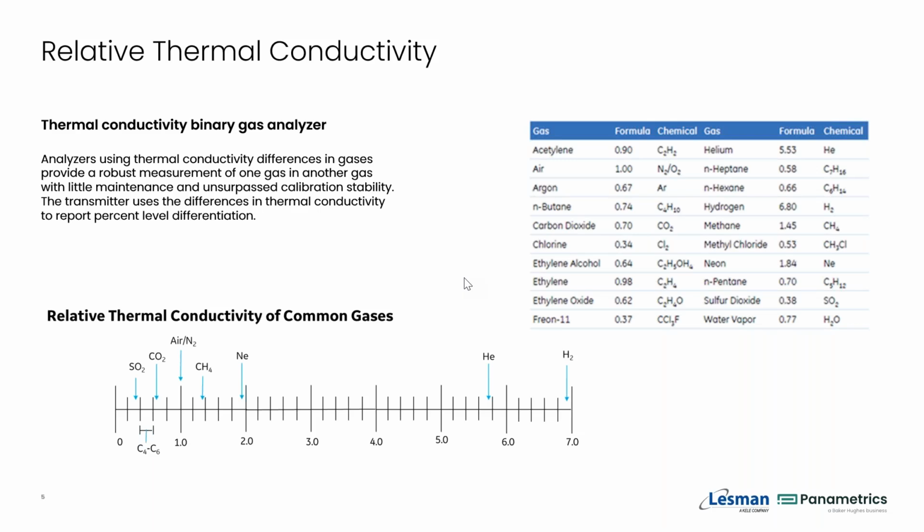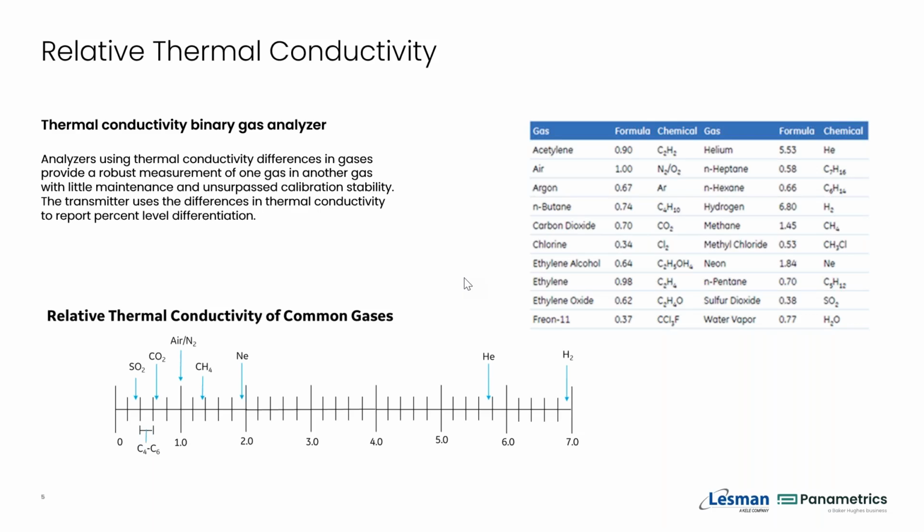And what you can see here is a graph that shows you the different relative thermal conductivities of these different gases, with 1 being air and everything else on that scale. So if you take a look on the far right hand side, you see that hydrogen is around 6.8, 6.9, and a very big difference in thermal conductivity compared to that of air.